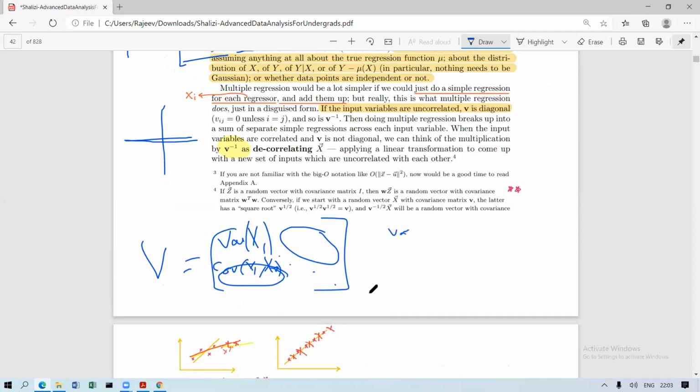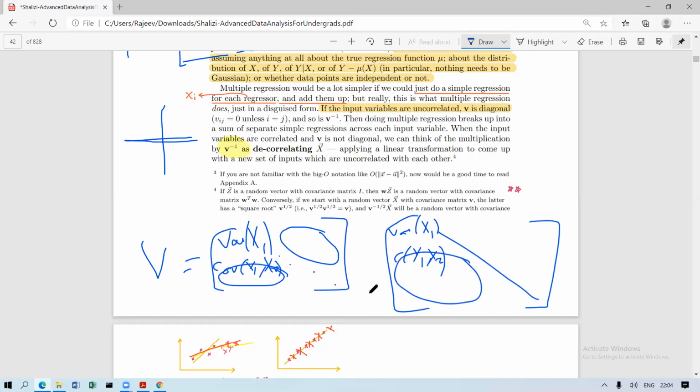So variance of x1, this is covariance of x1, x2, and so on. It's also symmetric. But if all the covariances are zero, that is all the dimensions are not correlated to each other, then these will all turn out to be zero.